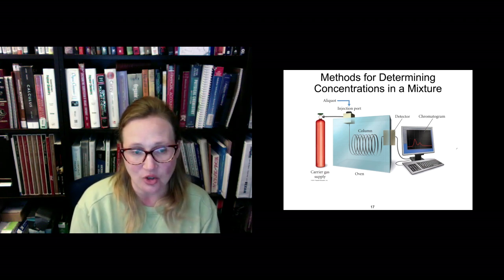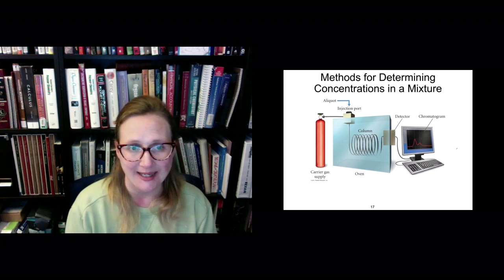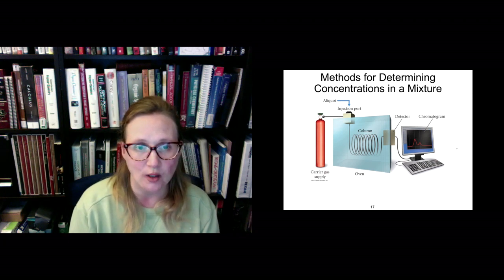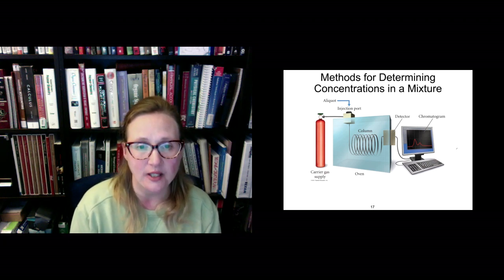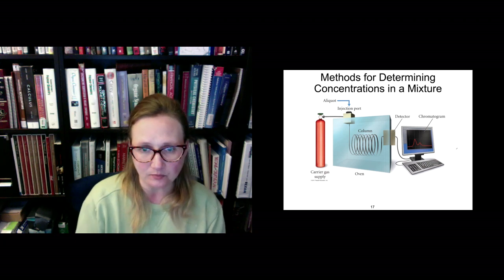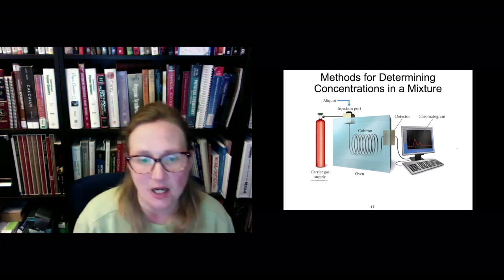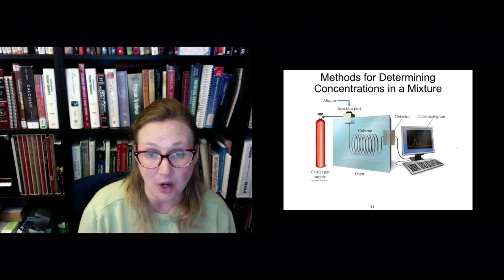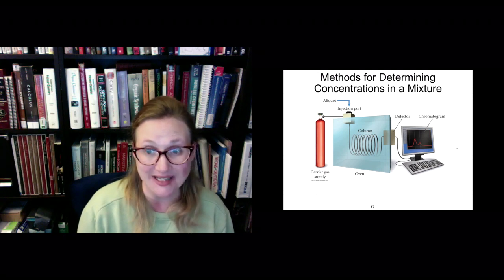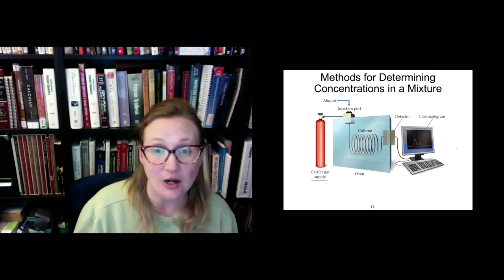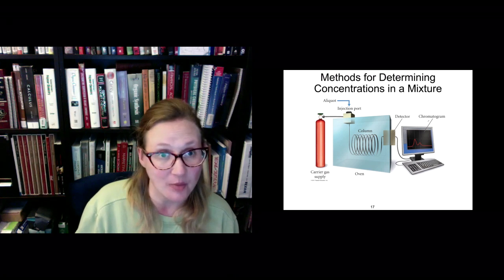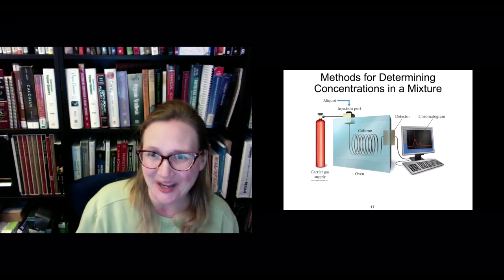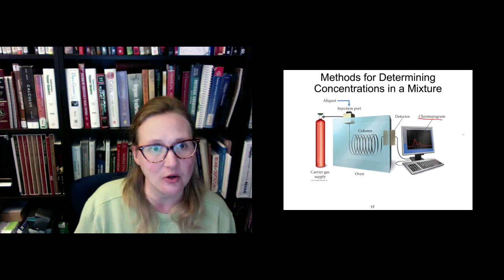And so in gas chromatography, you're using gas to move chemicals across a column. And based on their chemical composition, those components of the mixture are going to come out at different time points, and that will be denoted on the chromatogram.